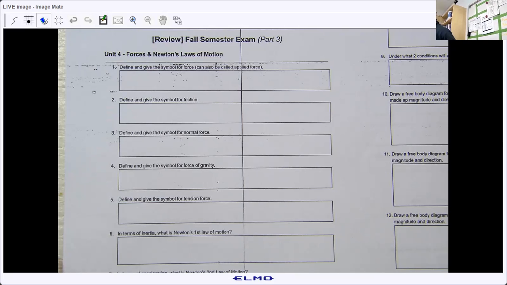And then when we look at the normal force, it is the force that is perpendicular to the surface that the object is on.